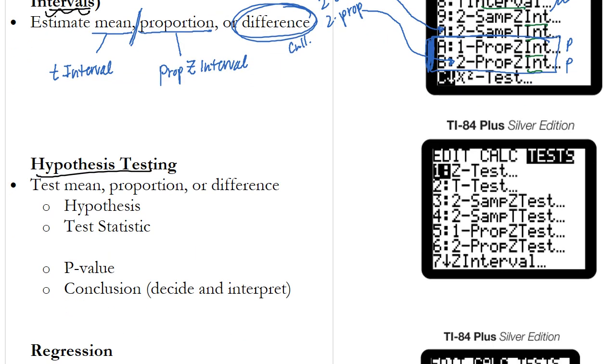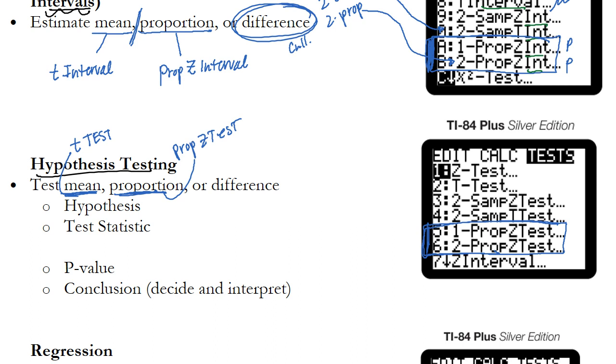Hypothesis testing is very similar. We have the same question. Are we testing a mean or a proportion? If it's a mean, we'll use the t-test. If it's a proportion, we need a z-test. However, there are proportions, right? So we need to make sure we pick the one that says proportion.